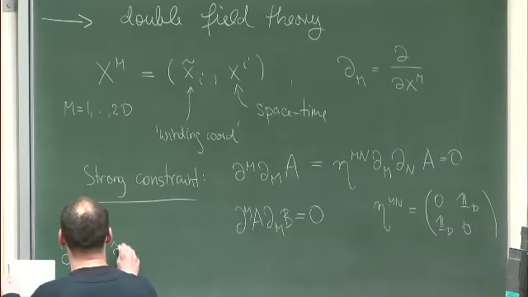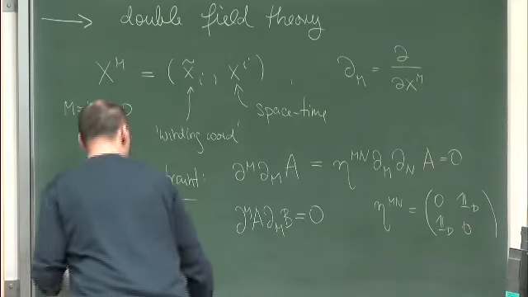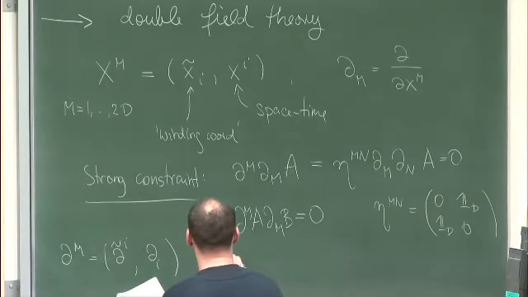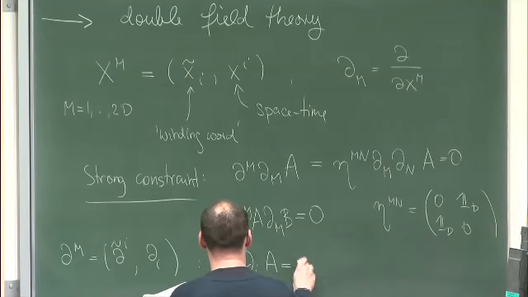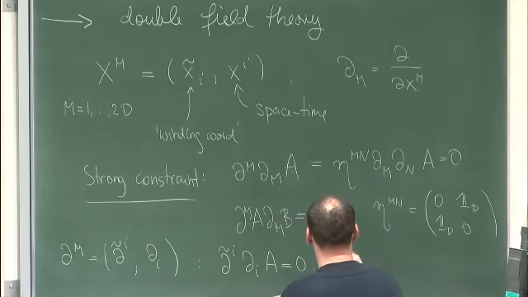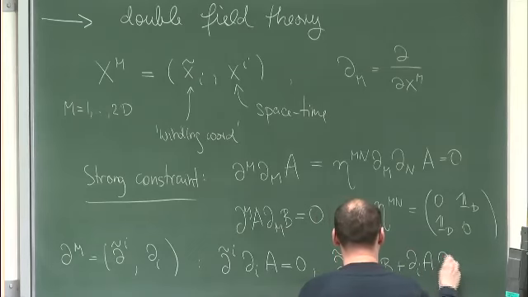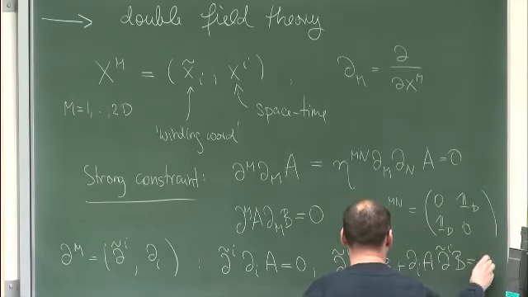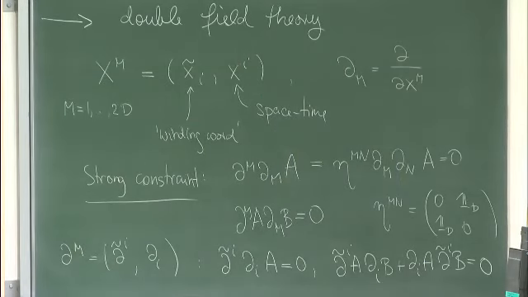If I write the derivative with d tilde I, di, this constraint reads as follows: d tilde I dia is 0, and d tilde ia dib plus dia d tilde ib is 0. So that's the constraint I have to put in order to reduce the number of degrees of freedom.